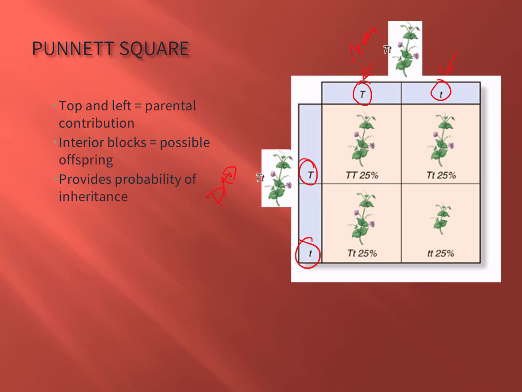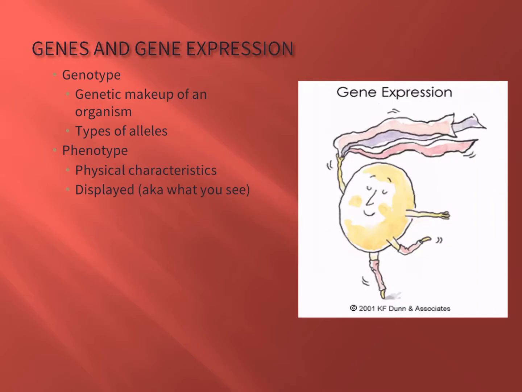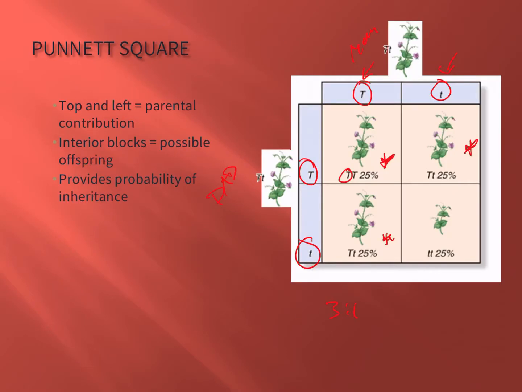Well, basically you get a 3-to-1 ratio of the dominant, right? So this guy's going to be dominant, this guy's going to be dominant, and this guy's going to be dominant. The reason for that is that they all have at least one copy of the T. Because they have one copy of that T, they actually express phenotypically that dominant phenotype.